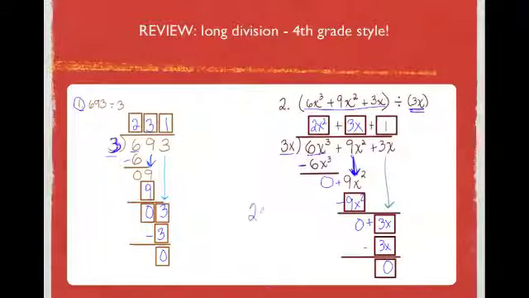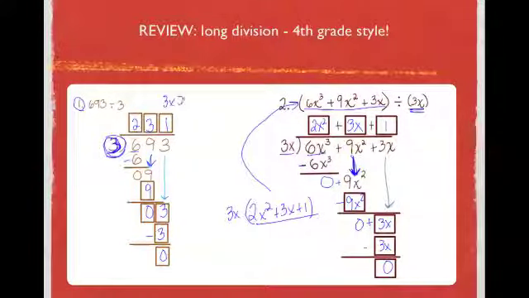It would be 2x squared plus 3x plus 1. It also means that 3x times all of this gives me what I started with. Just like over here, 3 times 231 equals 693. Same thing.